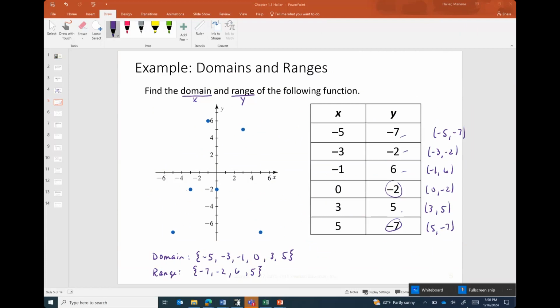No, that's perfectly fine, as long as -3 only corresponds to one y. So it's okay if 0 also corresponds to -2. 3 corresponds to 5, of course, and look at 5: the x value of 5 corresponds to a y value of -7. But there's only one y that we get from 5, so it's still okay. It doesn't matter that -5 also gives us -7.